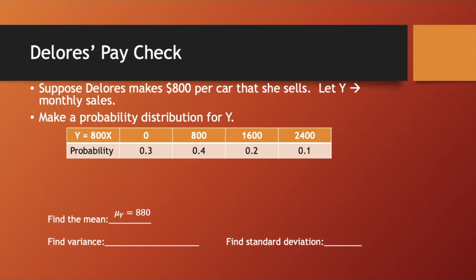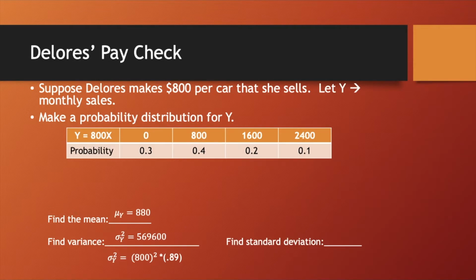But something interesting happens when you find the variance. When I find the variance, I get this whopping number, 569,600. That might have been a surprise, because if you multiply the variance of the original by 800, you will not get this number. What you might not have noticed, because it's a harder relationship to see, is that if I square the 800 and multiply it times the variance, I do get the correct variance for the new distribution.